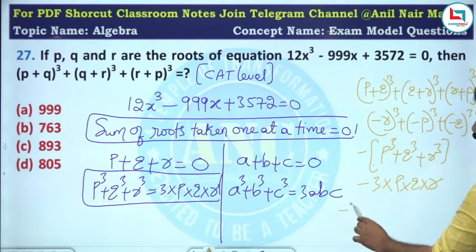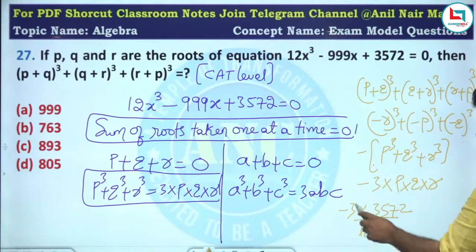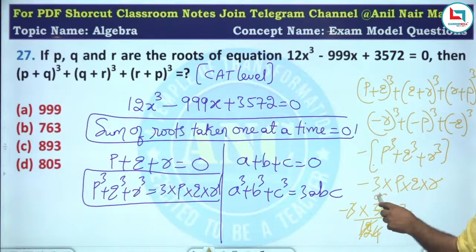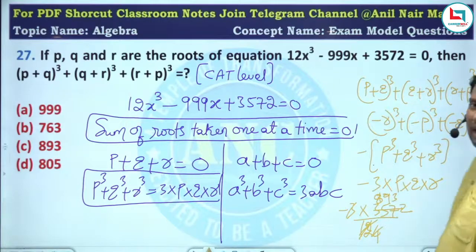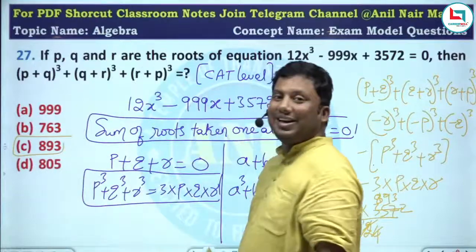What is PQR? It is the product of the roots, minus 3572 divided by 12, times minus 3. So the answer is 893. Very, very easy question.